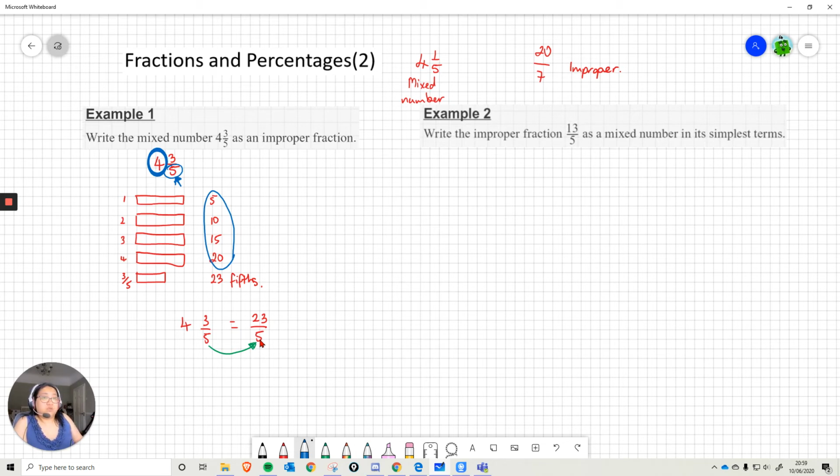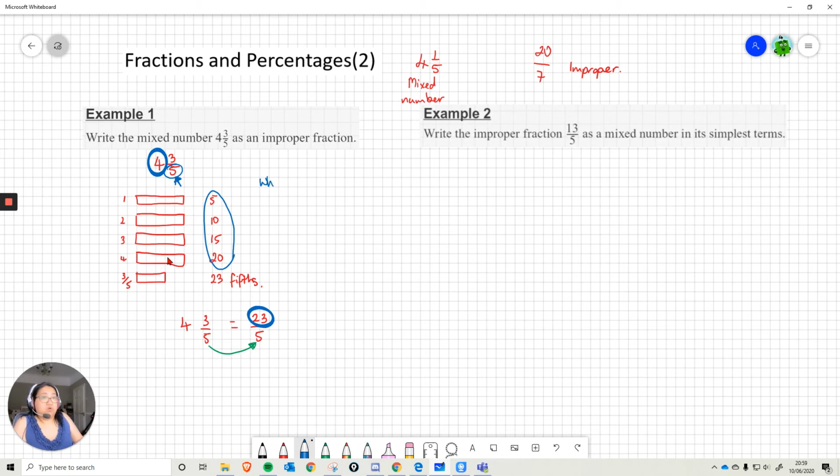Now, this 23 isn't just 20. It's actually 4 times 5, so our whole number times our denominator, with our numerator added on. So this 3 comes from the numerator, the top, added onto the 20 that we got from our wholes. So it's a good method to remember.